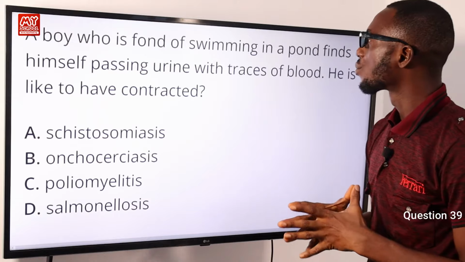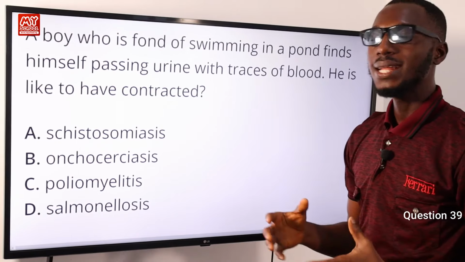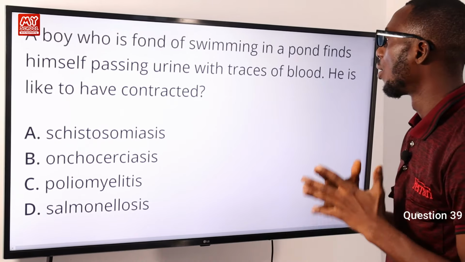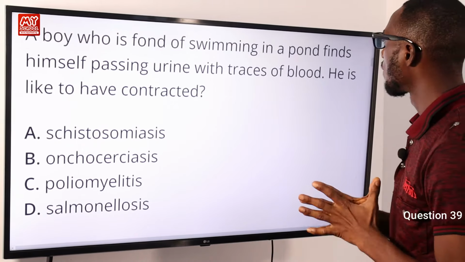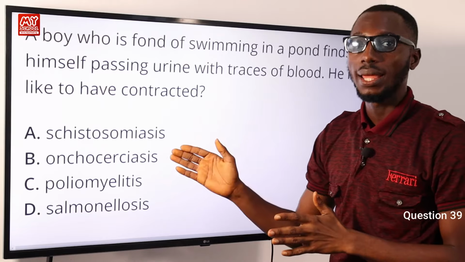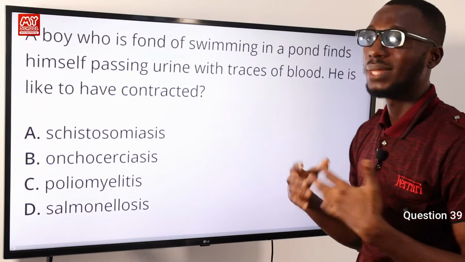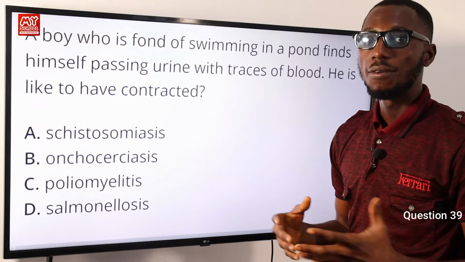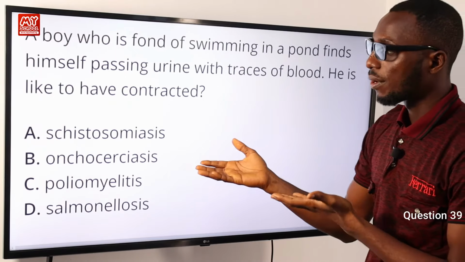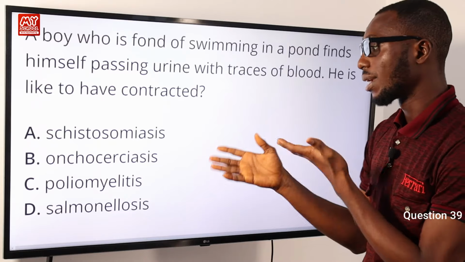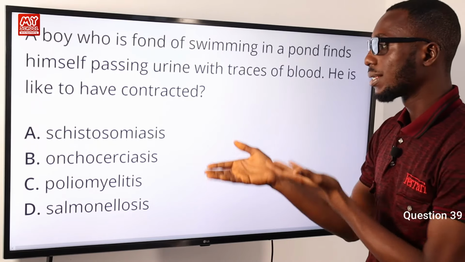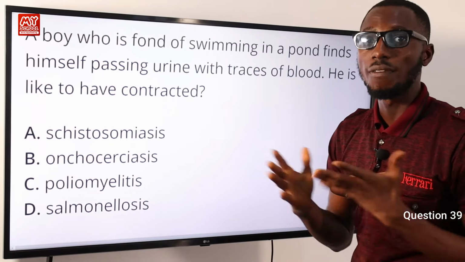Question 39. A boy who is fond of swimming in a pond finds himself passing urine with traces of blood. He is likely to have contracted option A, schistosomiasis. And that is very correct. Sometimes it's referred to as snail fever. We have option B, onchocerciasis, and this is also referred to as river blindness.